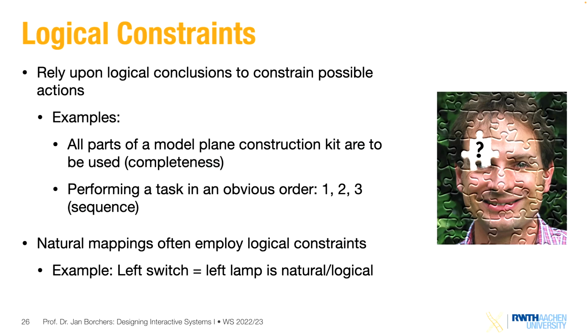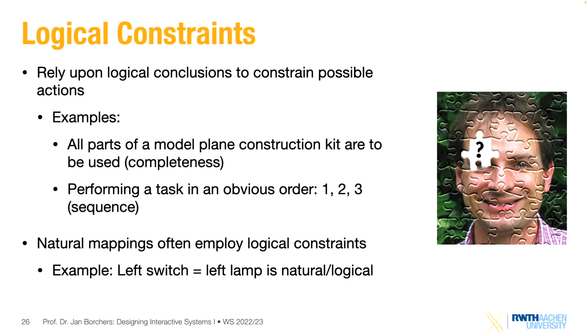For example, putting two switches next to each other on a wall, one left switch for the left lamp and one right switch for the right lamp, is both a natural mapping, but you could also consider it a sort of logical constraint, that I wouldn't try to use the right switch for the left lamp because it just wouldn't make sense. And so that shows the dual nature of constraint versus a natural mapping or a good affordance.